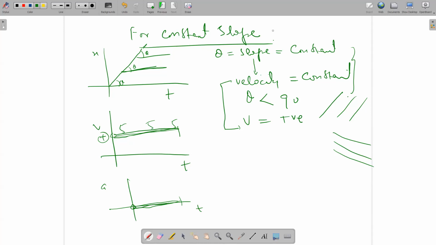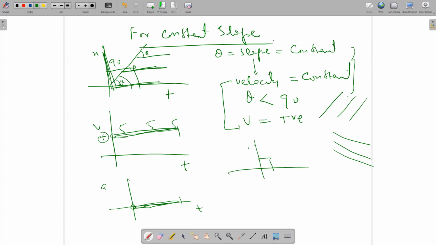Yes, student. Excuse me, doctor. Can you please explain again how theta is less than 90? Yes. This angle is 90. If I make the angle between, this is 90.